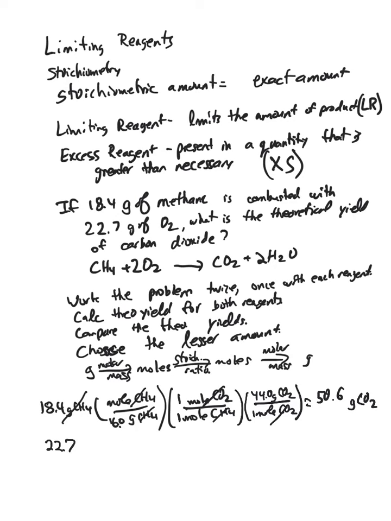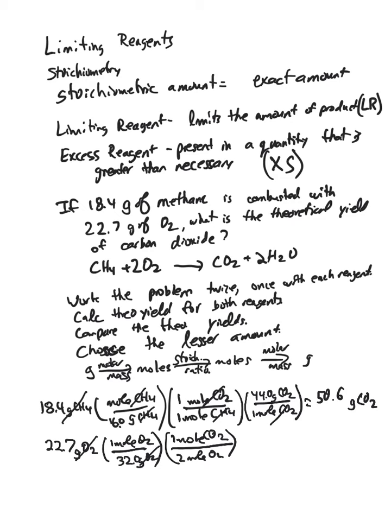because we need to take the 22.7 grams of molecular oxygen and run it through our process of going from grams to moles to moles to grams. So 1 mole of molecular oxygen is the same as 32.0 grams of molecular oxygen. We need our stoichiometric ratio, that 1 mole of carbon dioxide is produced for every 2 moles of molecular oxygen that are consumed.